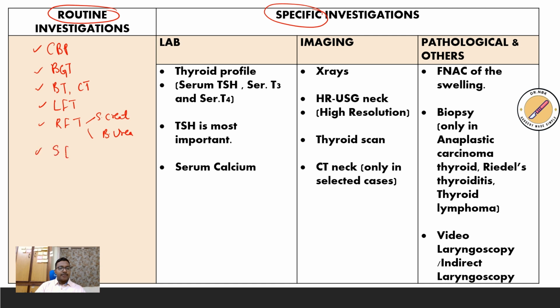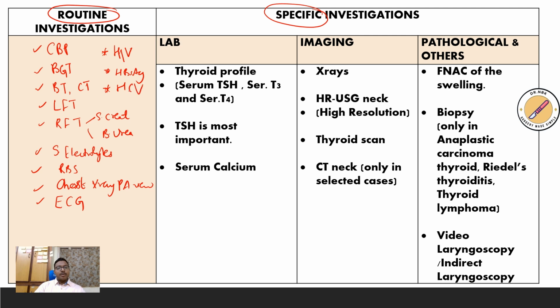Then serum electrolytes, random blood sugar, then chest X-ray PA, then ECG. So these are the basics. Obviously, we must not forget viral screening, triple H: HIV, HBsAg, HCV. These are the basic viral screening investigations we will be doing.